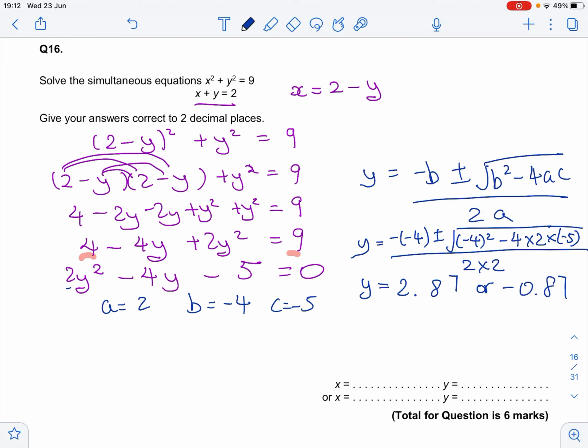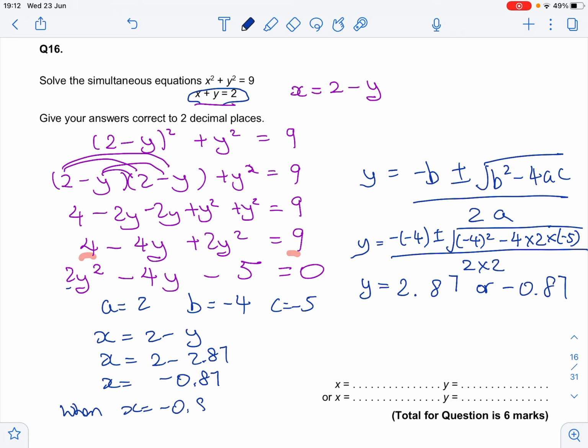In the next step, we need to find out x. Then we can just use this equation here. We know that x equals 2 minus y. So our first solution is when y is 2.87. So when y is 2.87, x equals 2 minus 2.87. Therefore, we know x equals minus 0.87. So when x equals minus 0.87, y equals 2.87.